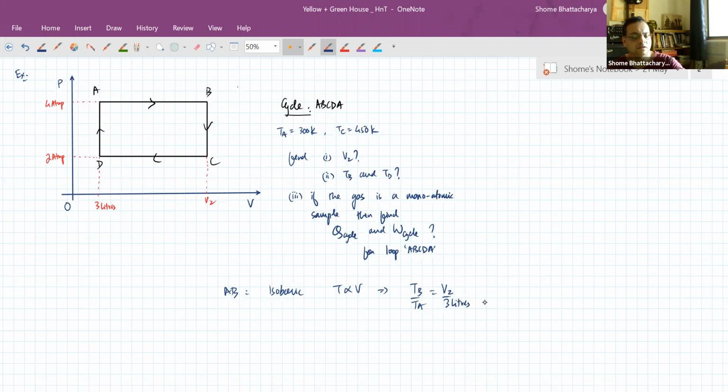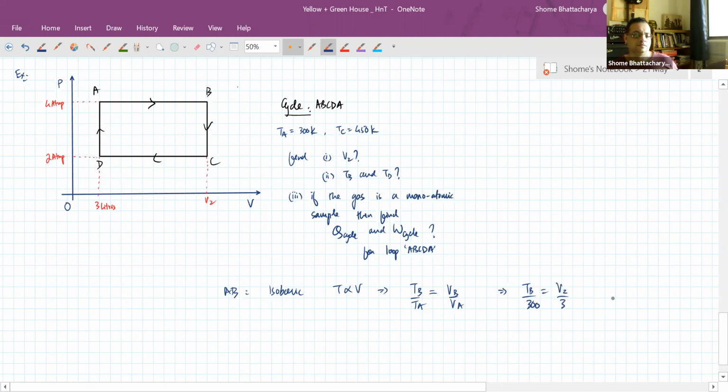So the unknown temperature at this divided by 300 Kelvins should be equal to this unknown volume divided by 3 liters, where V2 is in liters and T is in Kelvins.